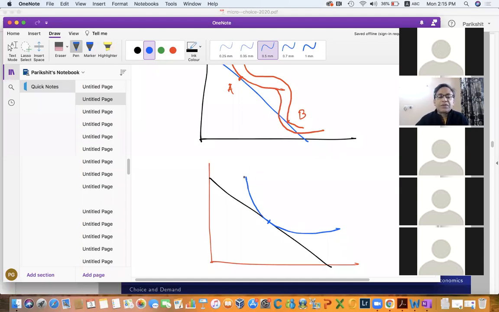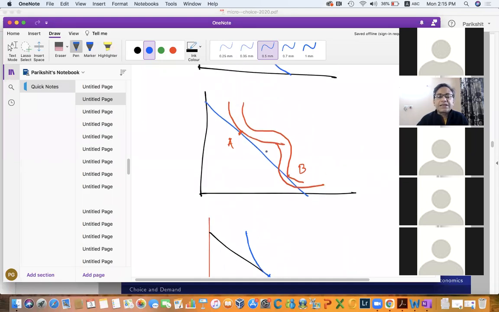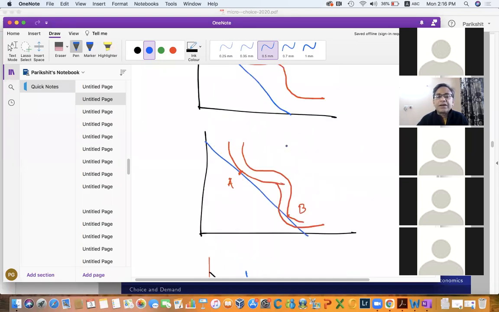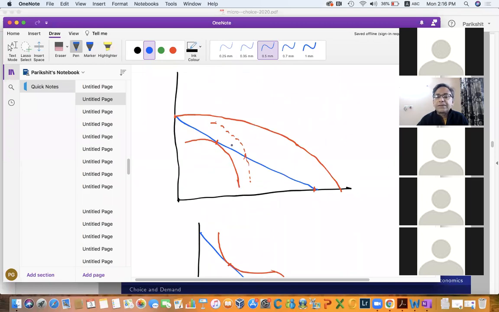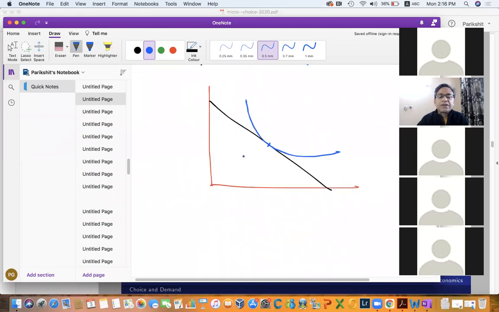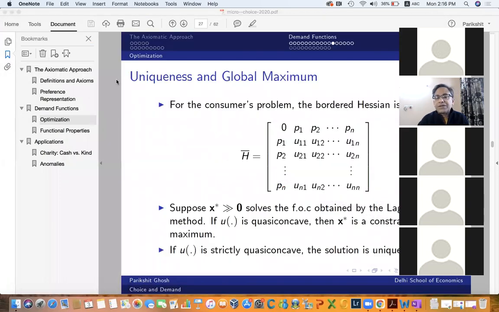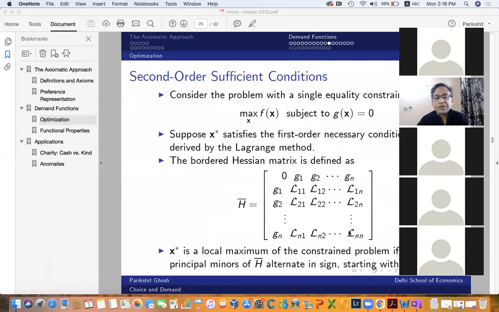If the indifference curve is strictly convex, then a case like this will never arise, nor will a case like this. So that means any point of tangency is a true maximum. So that's another advantage of our fifth axiom, convexity of preferences, that it guarantees the second order condition at the point of tangency.